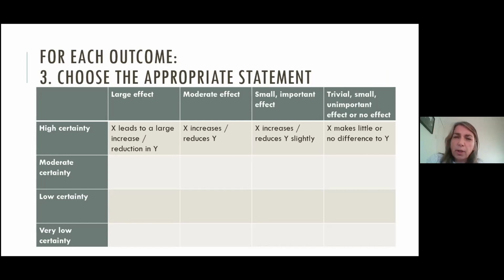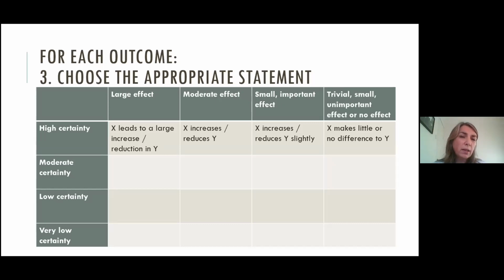If there's a moderate effect, the intervention increases the outcome. A small effect, it increases it slightly. And no effect, it may make little or no difference. So a pretty blanket, clear statement: X leads to Y, or X may make little or no difference to Y.